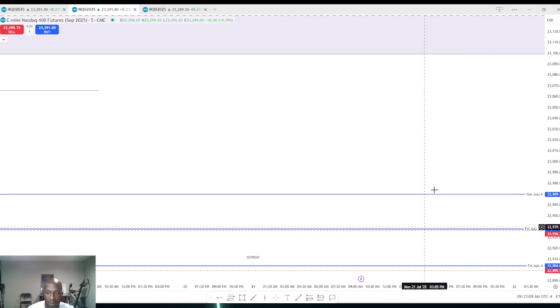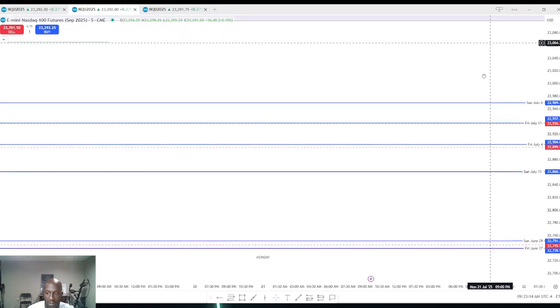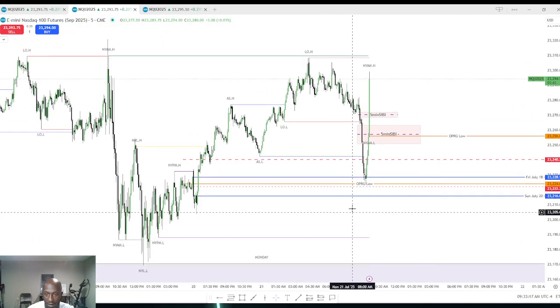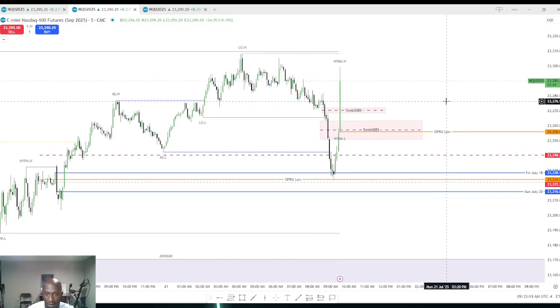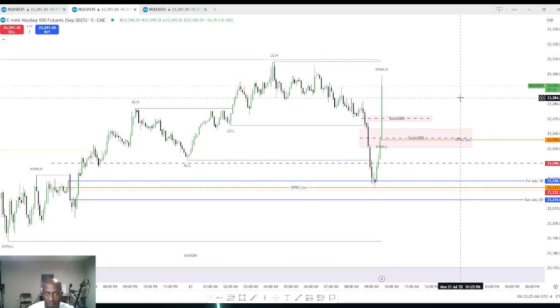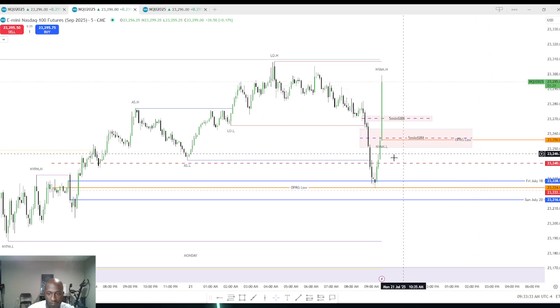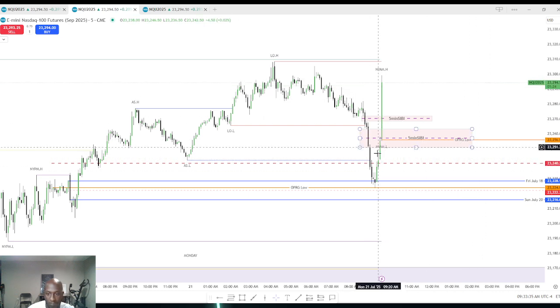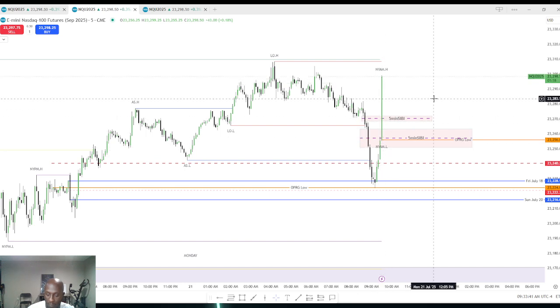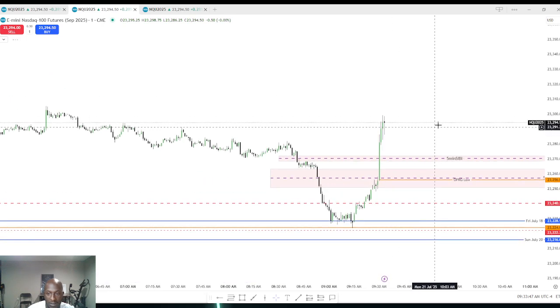And we got new week opening gaps down here, stacked on top of each other. All right, first presented fair value gap. It's not presented itself yet.